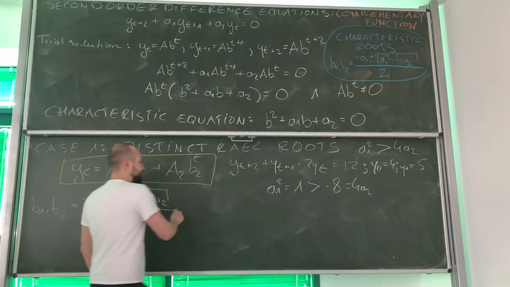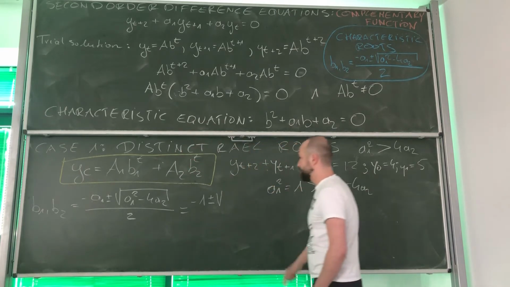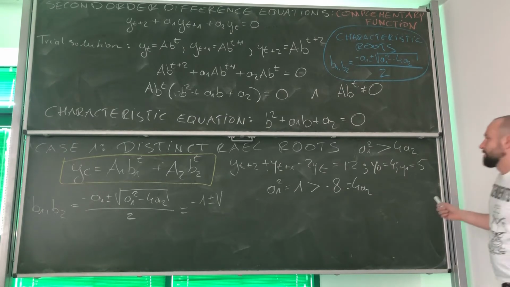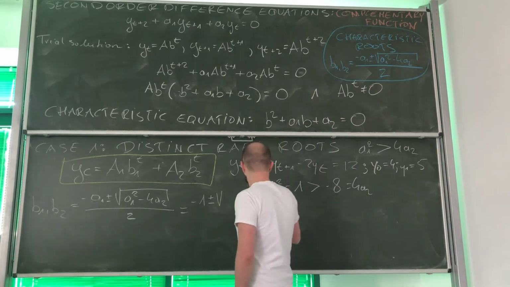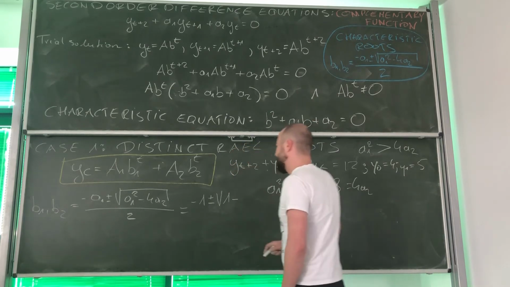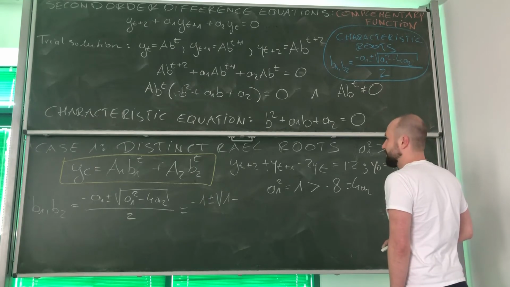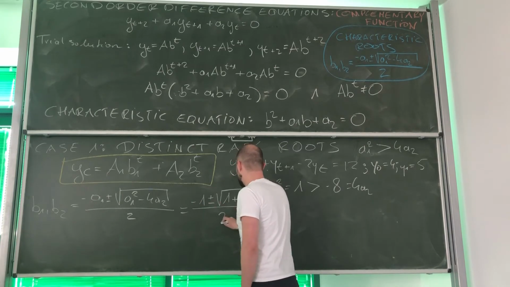Right? So it gives us negative 1 plus minus the square root of 1 minus 4a2, so plus 8, over 2.